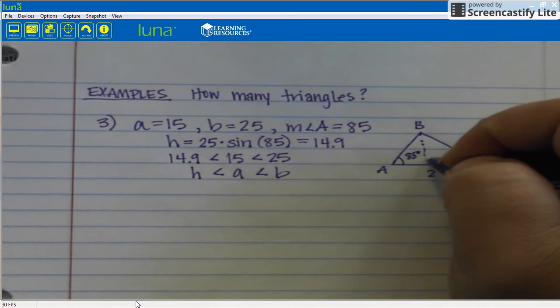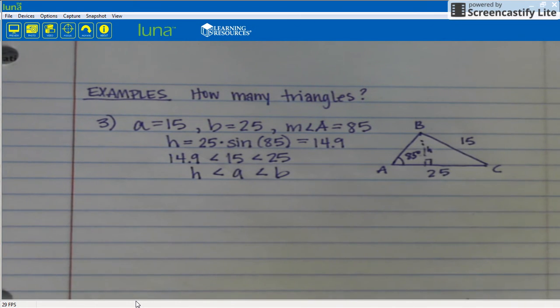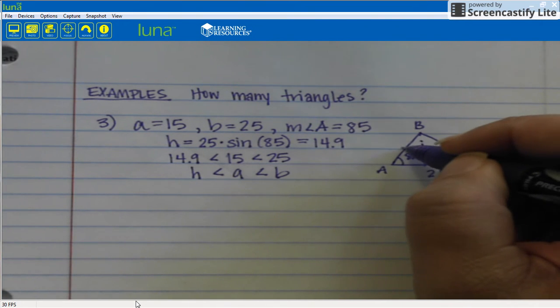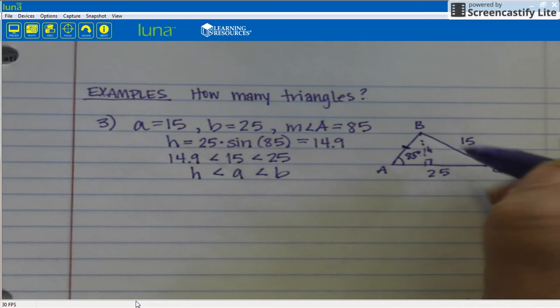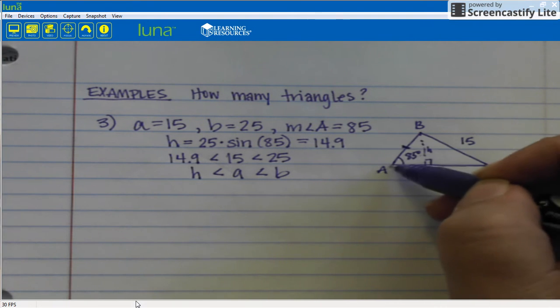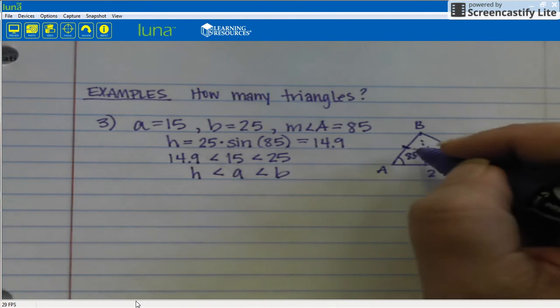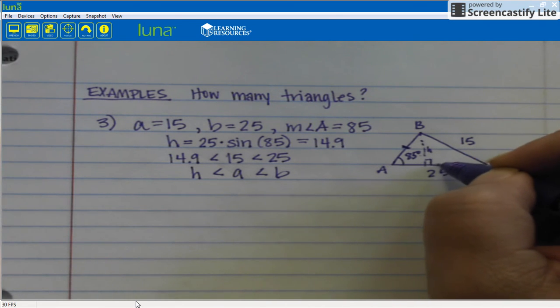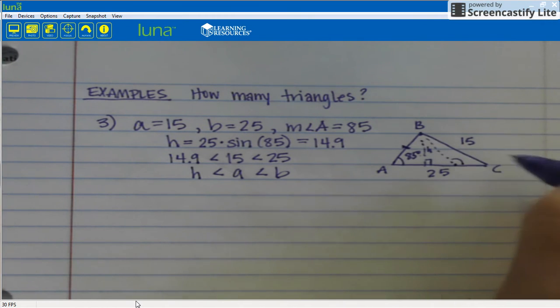Well, if I draw in my height here, since the only contingent factor is that this side length has to remain constant, I could technically have this acute angle 85, or if I move this in, then I could have another triangle that would be obtuse.